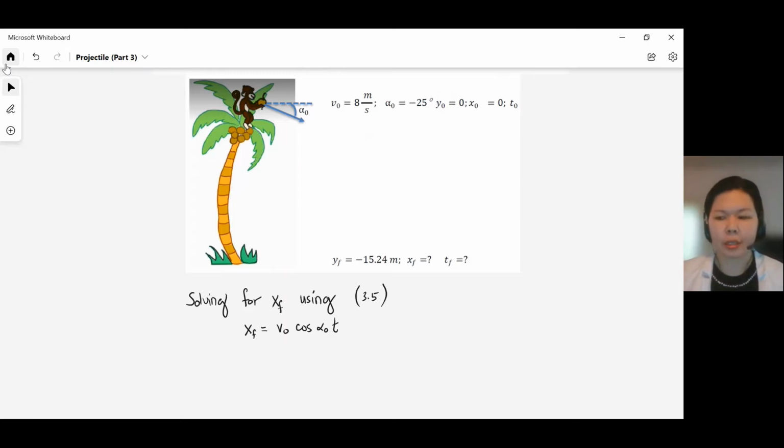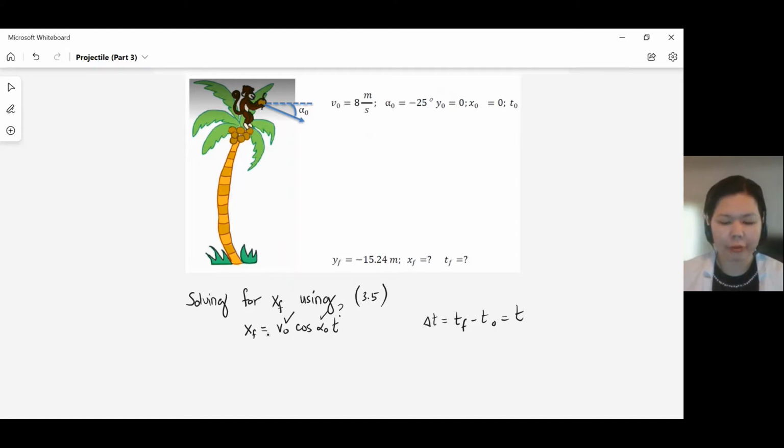We clearly see that we still need to solve for t, since we have v naught and we have alpha naught, but we don't have the t. Recall that in our derivation, we have elapsed time. It's actually tf minus t naught. And here we let it equal t.